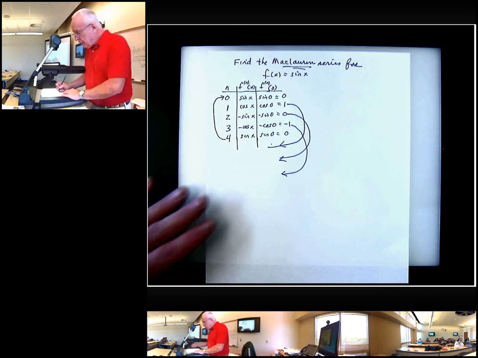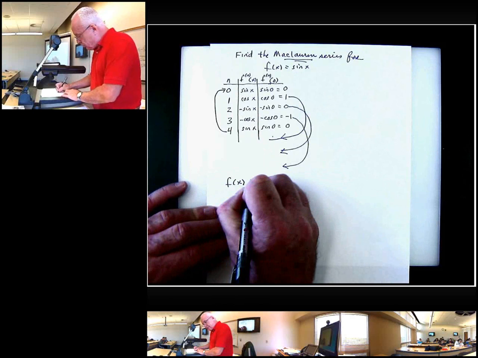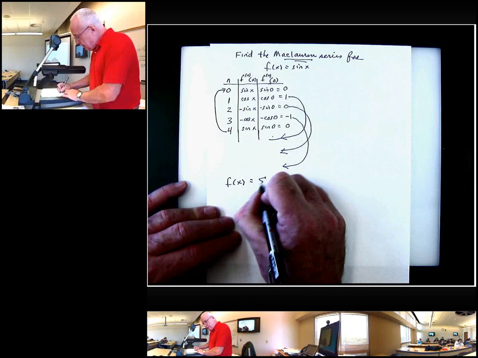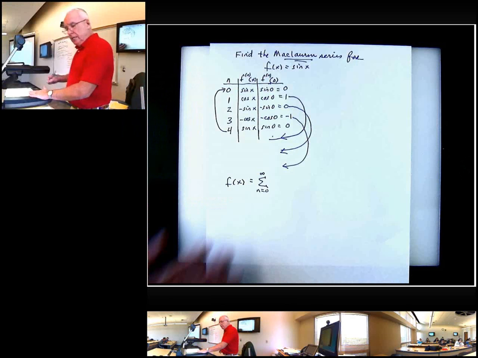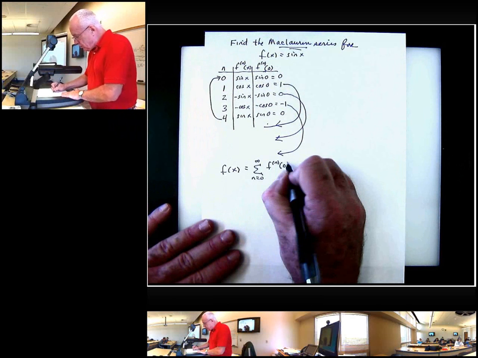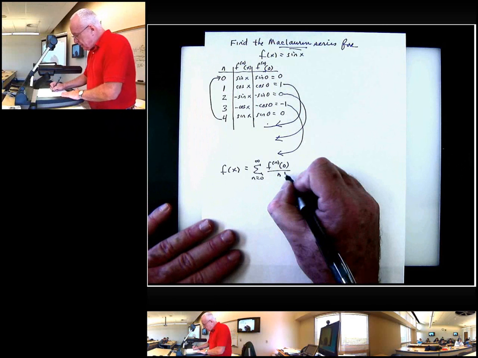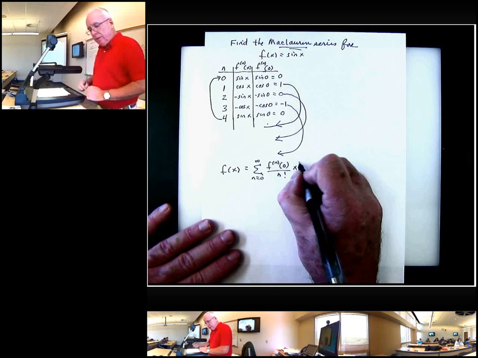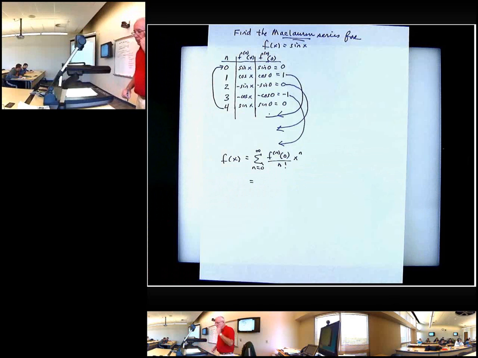All right? So let's look at our Maclaurin series. It's going to be f of x is equal to the summation. Here's our general formula. n equals 0 to infinity of the nth derivative evaluated at 0 over n factorial times x to the n power. And then let's write out some of these terms here.